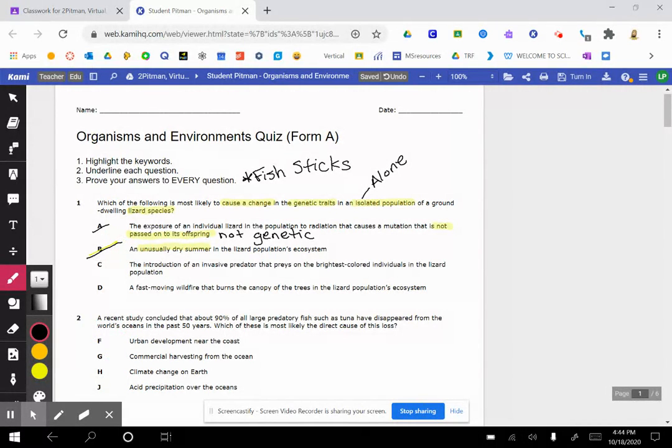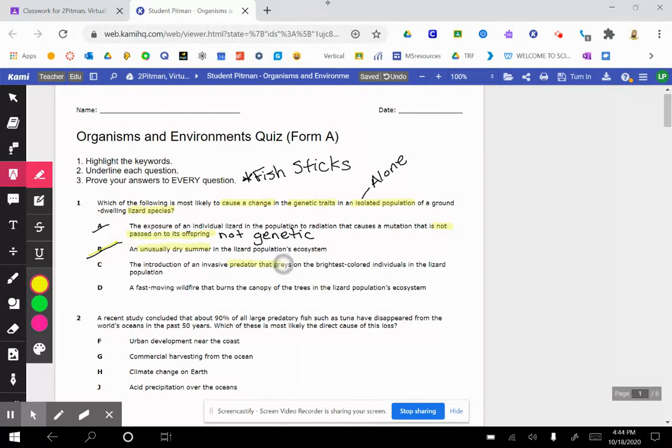Okay. An introduction of an invasive predator that preys on the brightest color individuals in the lizard population. So first of all, I would hope that this grabs your attention. The predator is preying on the brightest colored individuals.